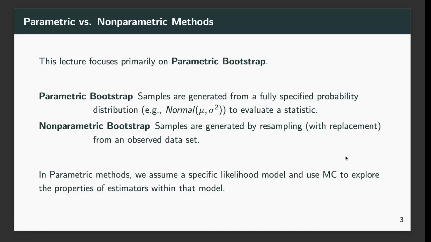We want to ask questions, for example, what is the variance? This will also help us come up with a confidence interval, and we want to know if the confidence interval actually contains the true parameter. These are among the questions that we will be answering throughout this lecture.